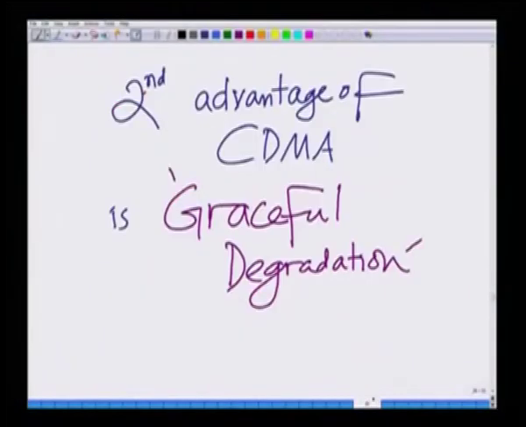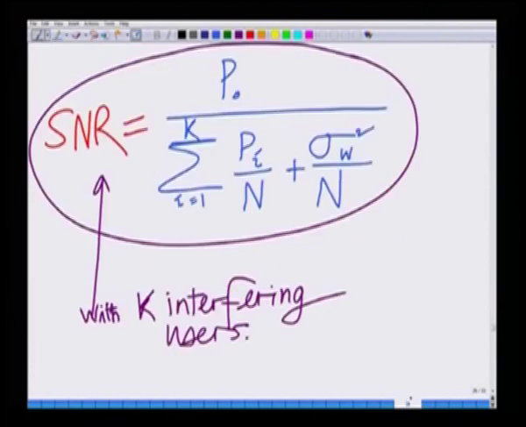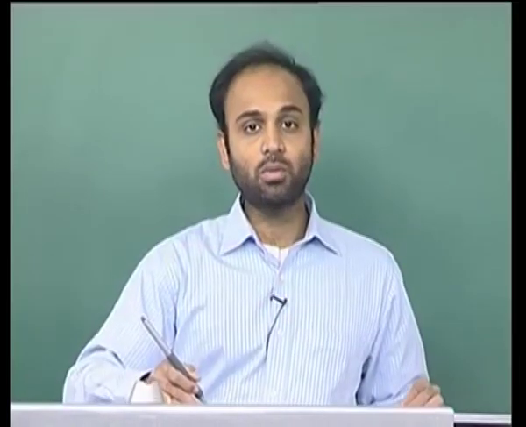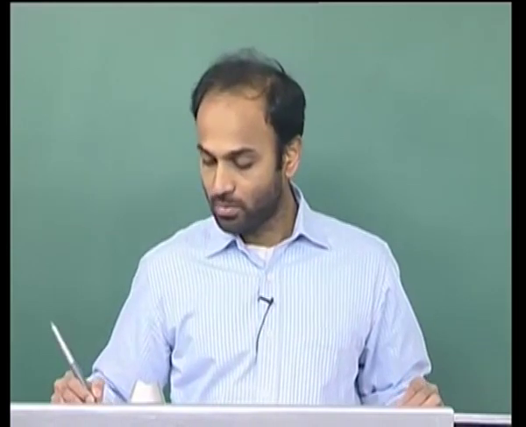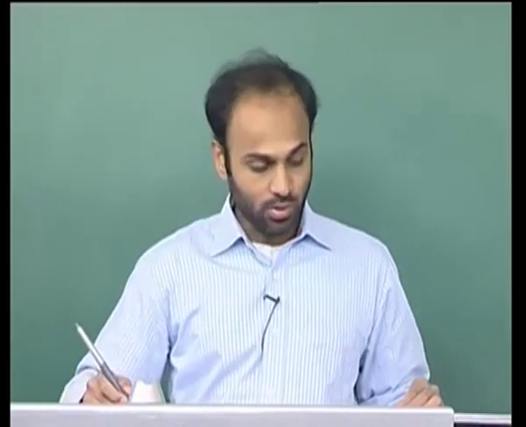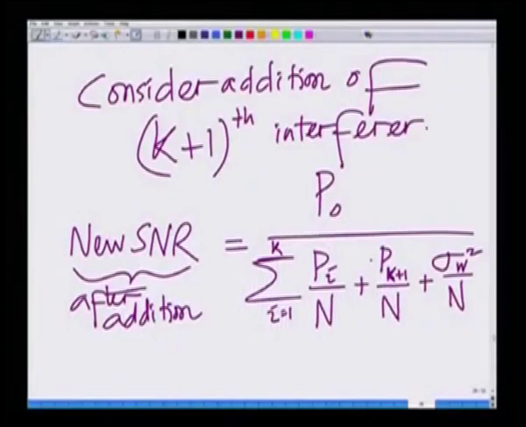We also started with the second advantage of CDMA, which we said is graceful degradation, and for that we started by considering a CDMA system which has capital K users, and we saw what happens when a k plus 1th user is added to the CDMA system. We said that this added user causes an interference of P k plus 1 over n.